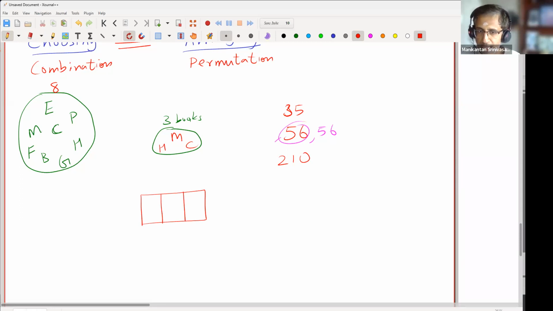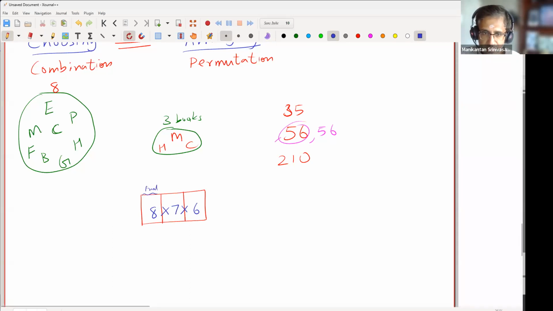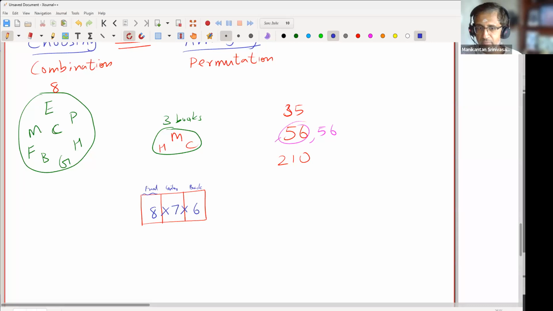Suppose I have my slots like this in my bag, then any one of the 8 books can land up here, any one of the 7 books in the second slot, and any one of the remaining 6 in the third slot, because I've labeled my bag: this is the front of the bag, this is the center, and this is the back. Because of that arranged type of thing, it's 8 into 7 into 6.